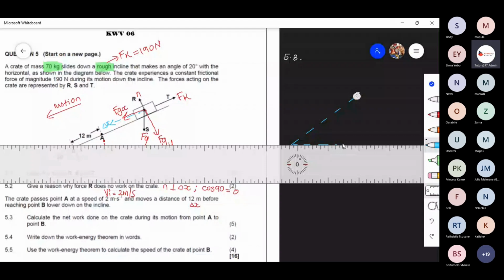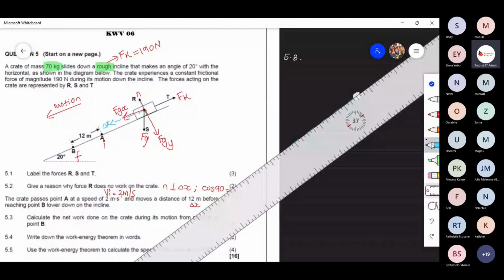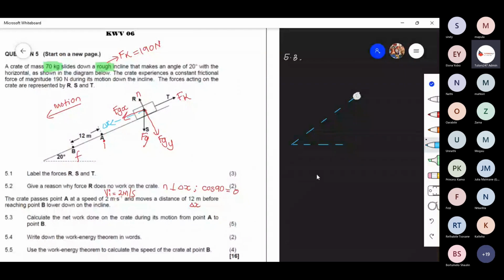Now, we know that there are 3 main forces acting on this object. That is kinetic friction, normal force, and Fg. Now, Fg also breaks up into 2 components, which are Fgx and Fgy. So basically, I need to draw 5 forces on this diagram.